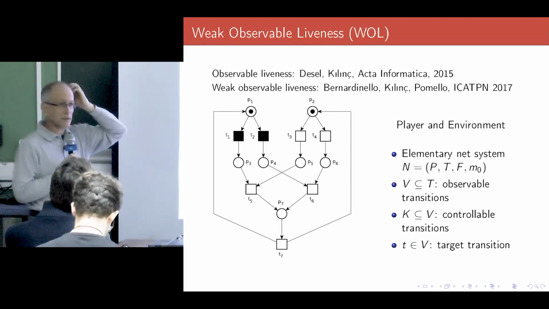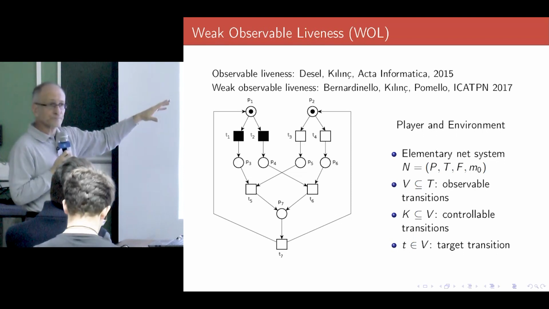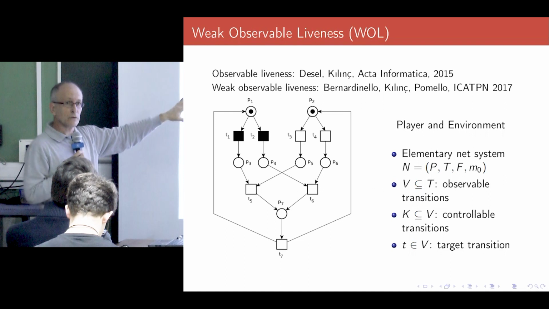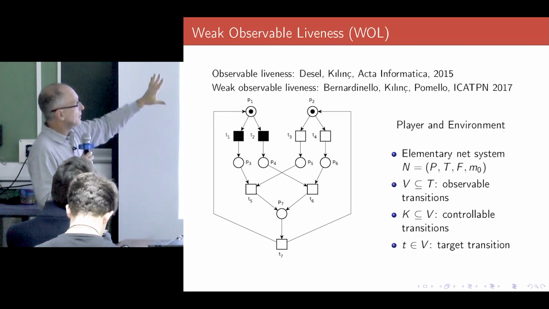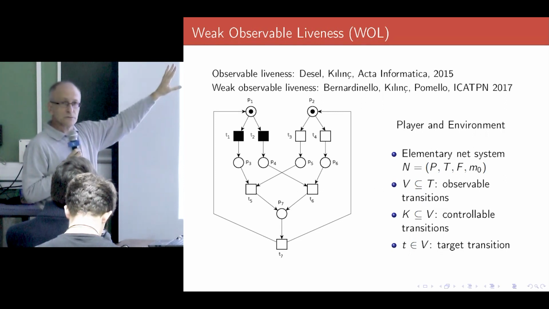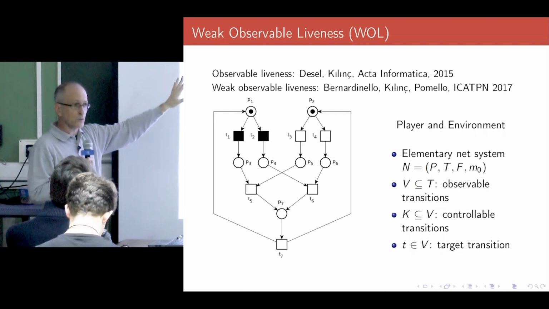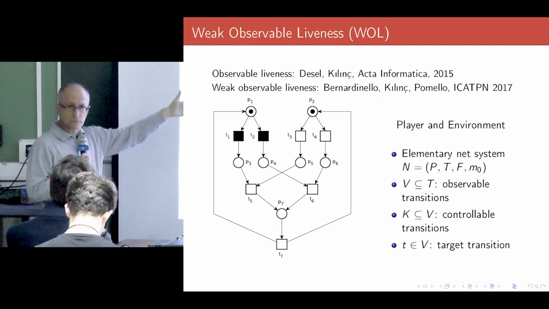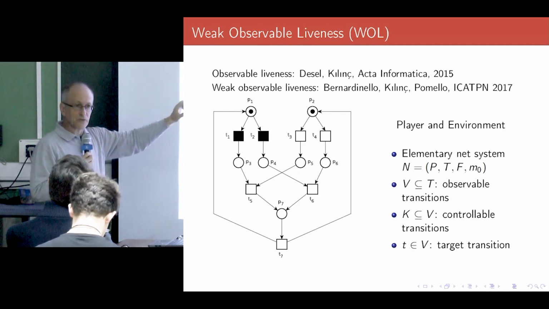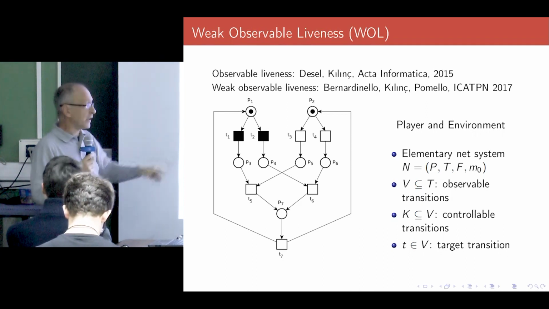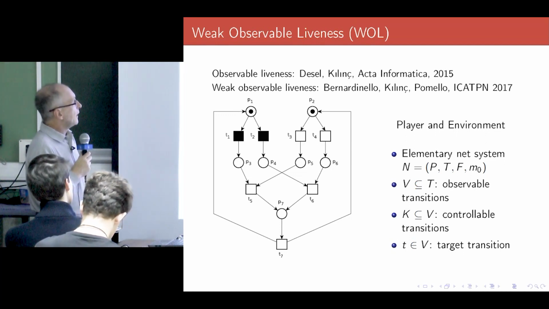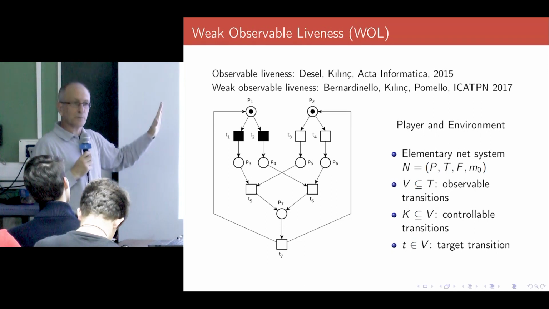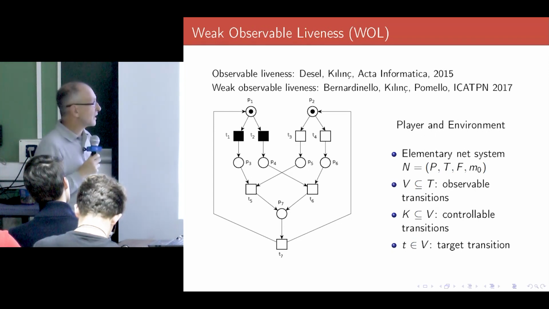Suppose that we have an elementary net system like this one, and suppose that it is a controlled elementary net system, meaning that some transitions are controllable by a player, the other ones are controlled by the environment, so the player has no control over them. And in general, suppose that some transitions are observable by the player, some are not.